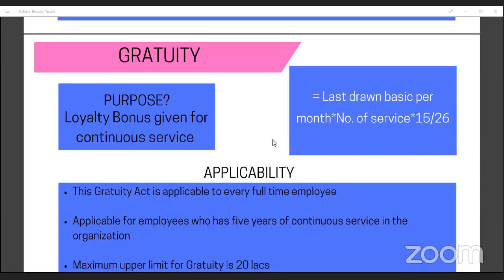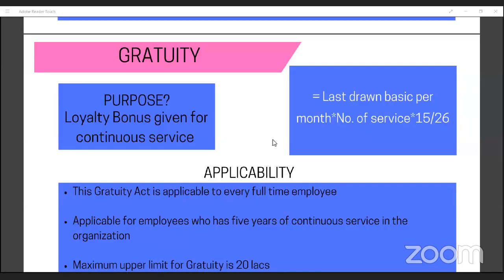The meaning of loyalty is that an employee is dedicated and has a long-term commitment towards the organization. A perfect example of a loyal employee is someone committed to my company not for one or two years, but for many years. That is what we call gratuity. It's a loyalty bonus given for continuous service.